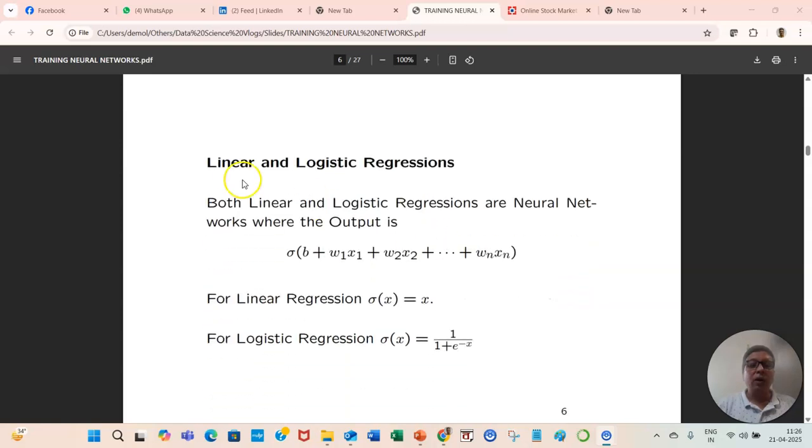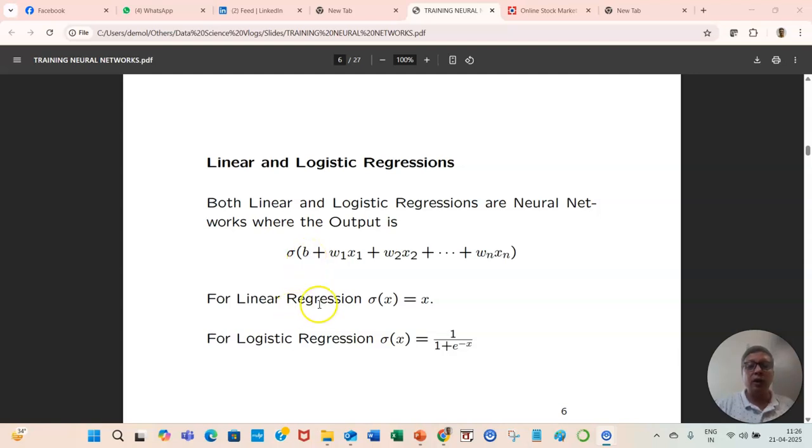If we talk about linear and logistic regressions, those are also neural networks. The output is given by sigma of b plus w1x1 plus w2x2 and so on up to wnxn, where b is the bias, w1, w2, wn are the weights and x1, x2, xn are the inputs. The bias can be set to 0 also.